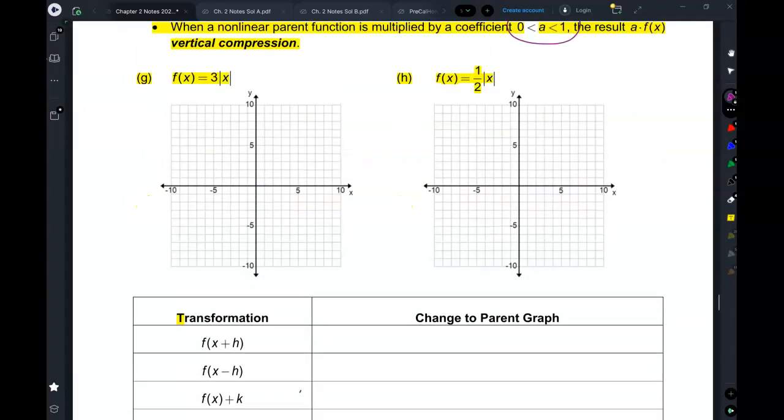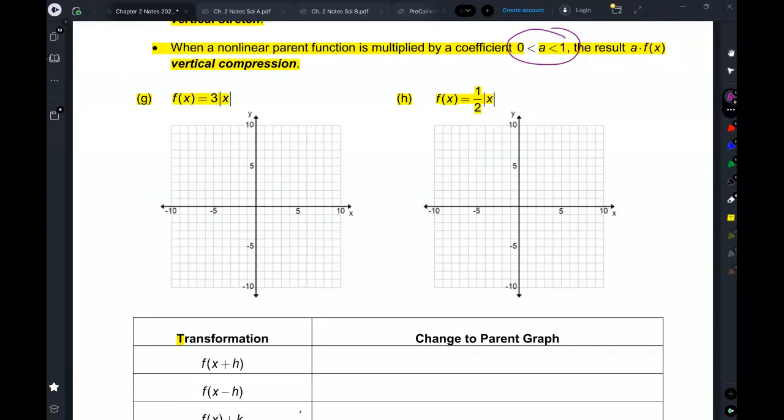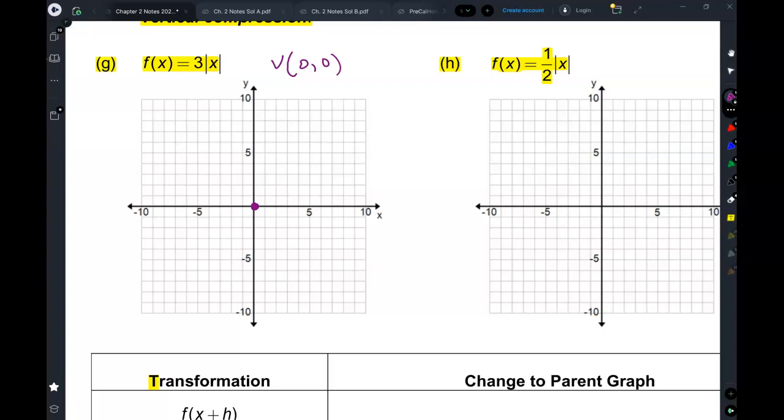So take a look at this one. Now I have f of x equals 3x. Where is the vertex now? Has it moved anywhere? No, so it's still at 0, 0. But now, because it's 3x, instead of going up 1 over 1, I'm going to go up 3 and over 1, right? So the vertical will be multiplied by 3.